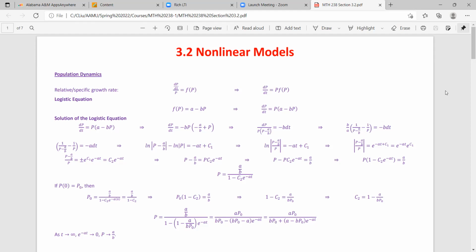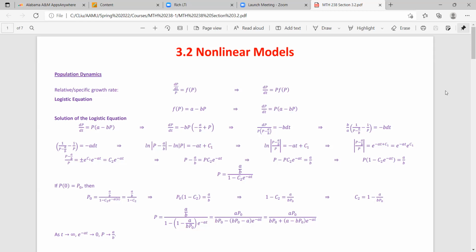So then, this f of P can be different functions depending on situations. In the simplest case, we already discussed in 3.1 when f of P is a constant, and we already solved this problem in the first section.